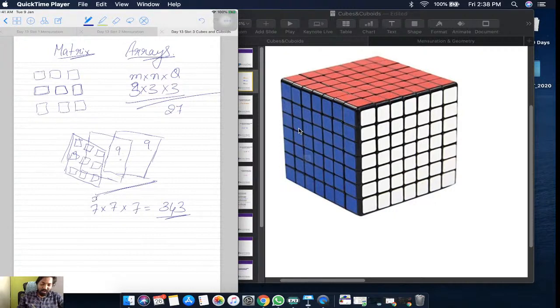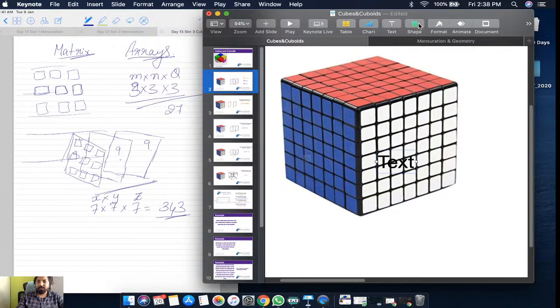X, Y, and Z. There are 7 rows. Look, this is a row. 1 row, 2 row. Should I draw this?